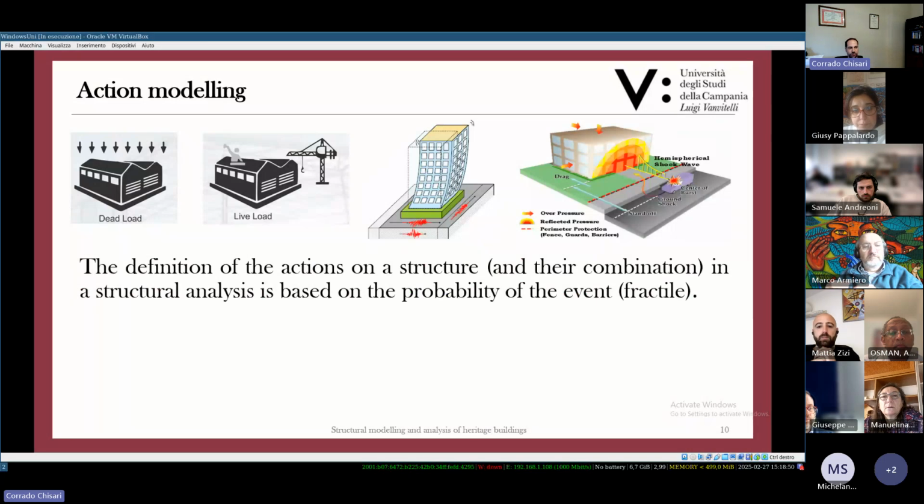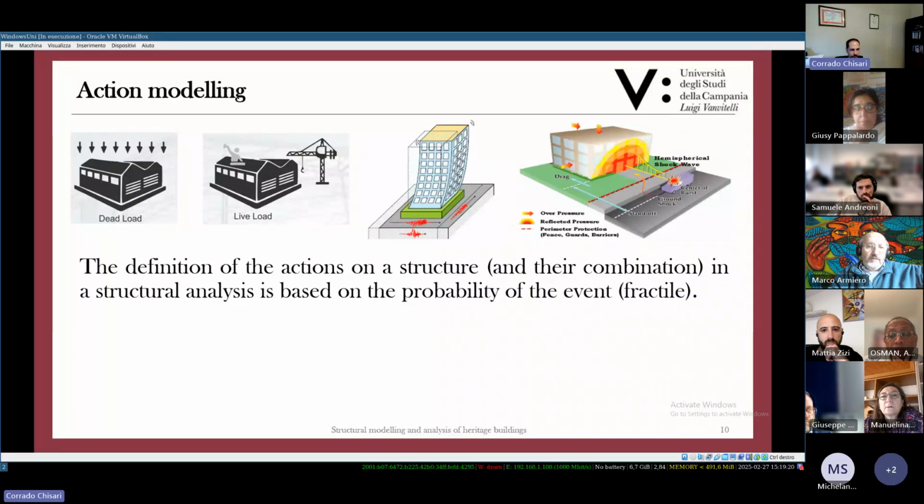So in the definition of the action on the structures, we need to refer to the probability of an event, where the event is the loads on the structure. And we usually consider a combination of loads and a magnitude of the load, which has a certain probability of exceedance, we say.